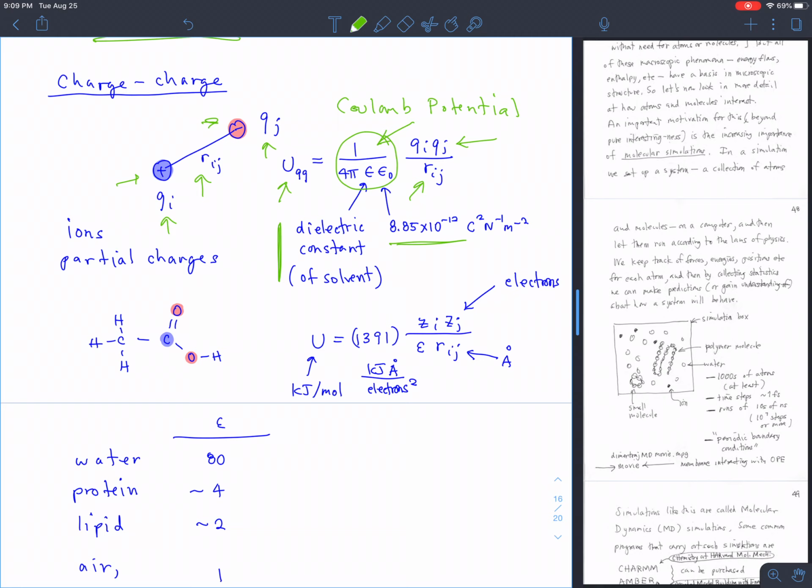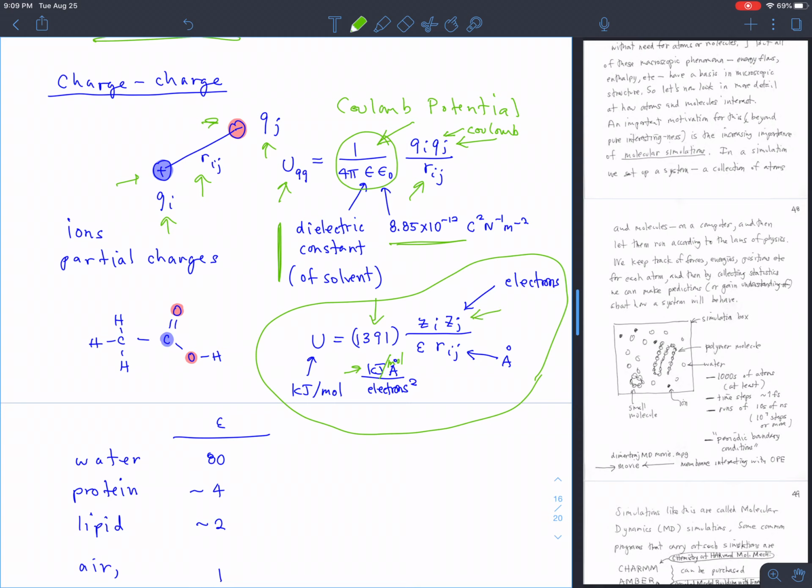And so I boiled it down for you. Here is the formula in nice units. So there's this big number in front, 1391. That has units of kilojoules per mole times angstroms divided by electrons squared. And now, rather than these charges being in Coulomb units, which, what's that?